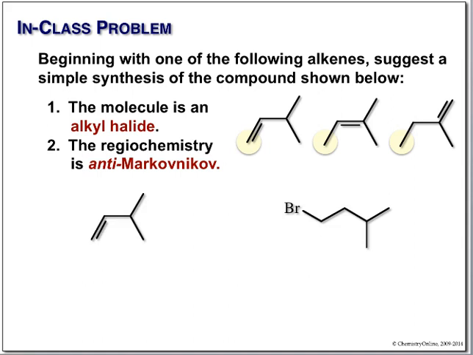What do you put down for reaction conditions? We are simply going to use the only reaction we know to give anti-Markovnikov alkyl halide, HBr peroxide. Any questions?